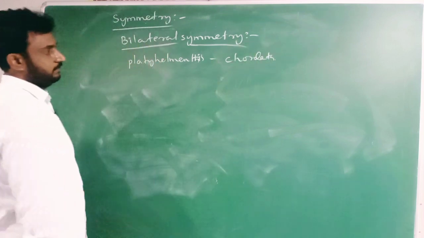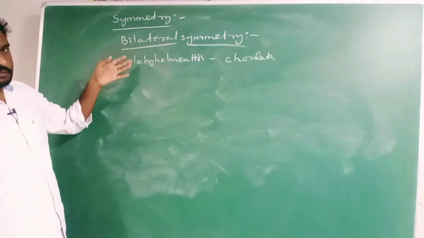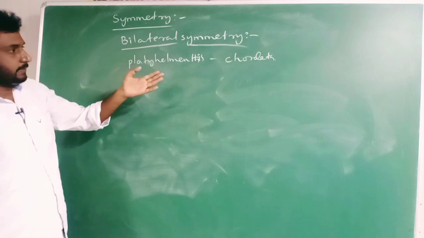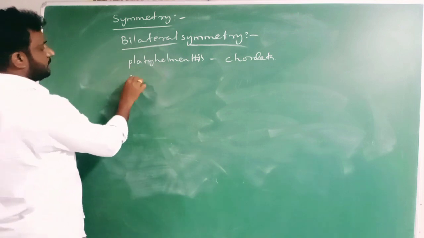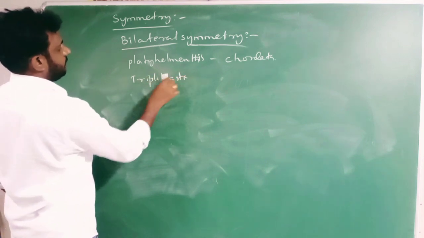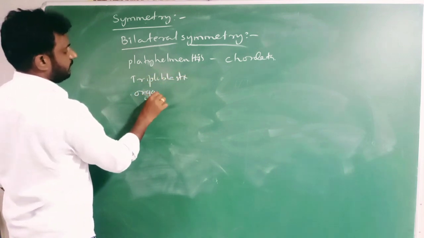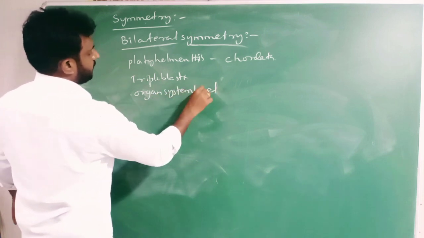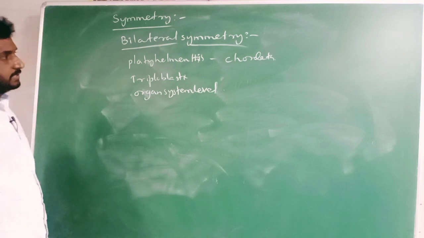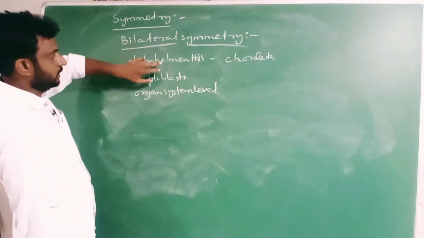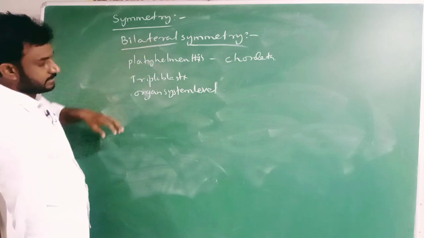Platyhelminthes to chordata are triploblastic, with three primary germ layers, and have organ system level of organization. They also exhibit bilateral symmetry.